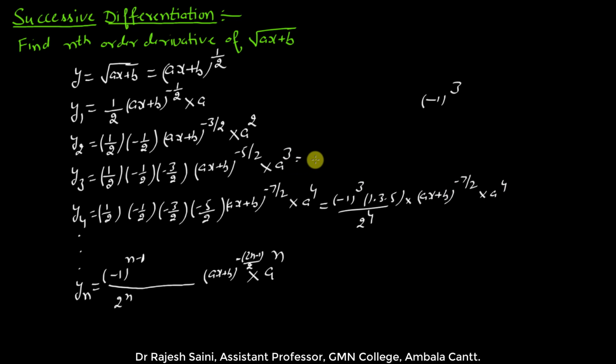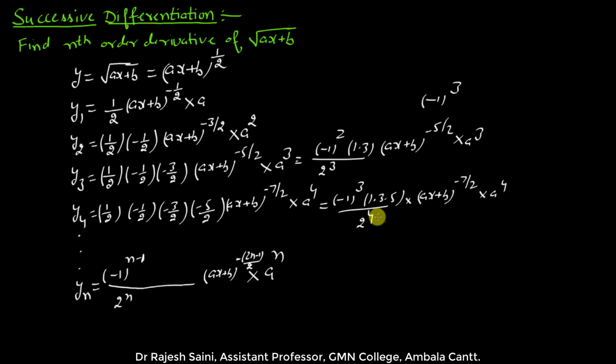And this can be written as 2 raised to the power 3, minus 1 square, 1.3, and it will be ax plus b raised to the power minus 5 by 2 into a cube. So look here, of this series 1, 3, 5, 3 terms are present.